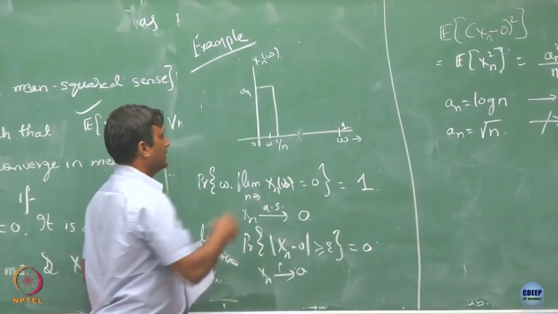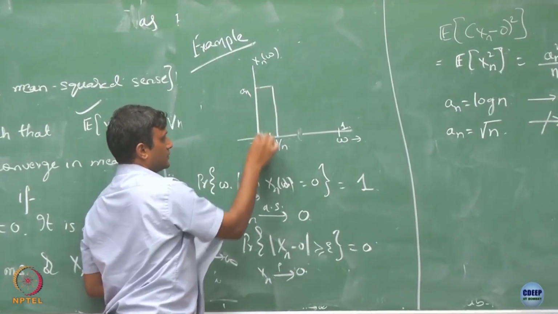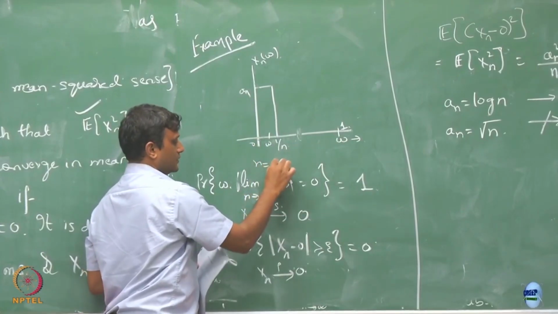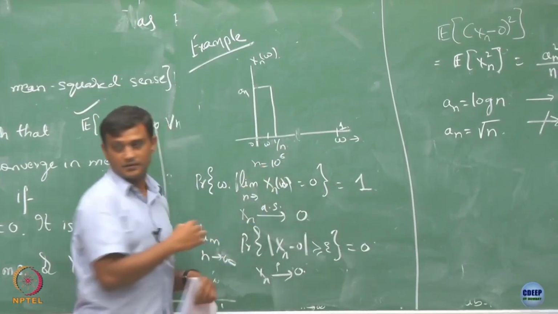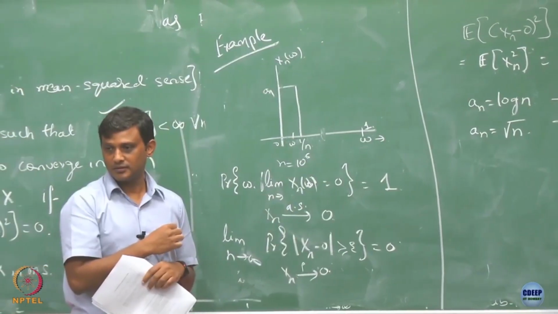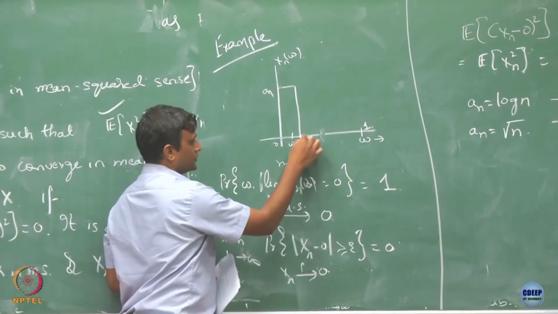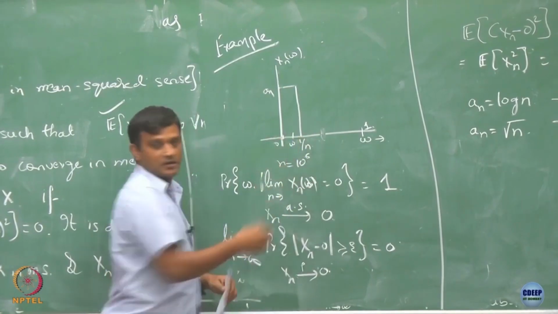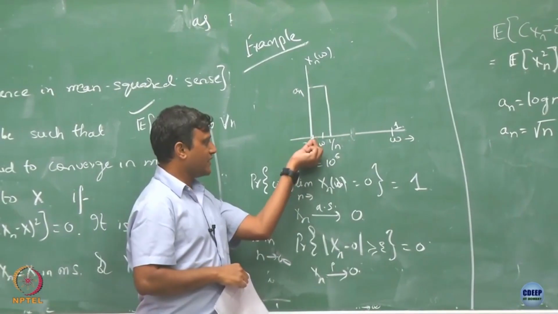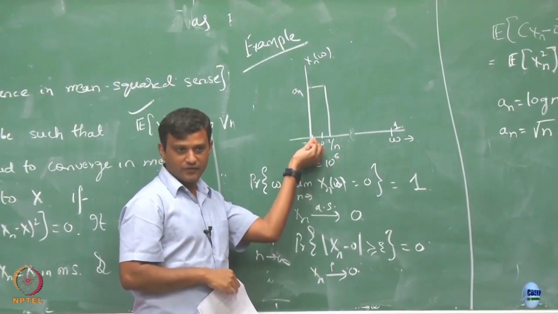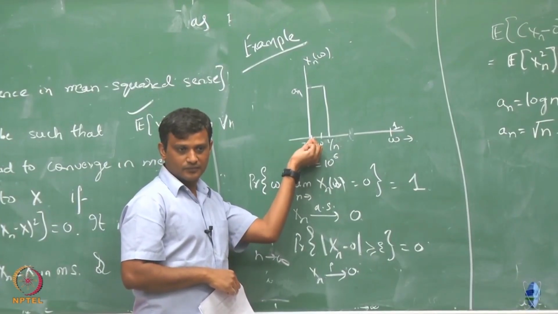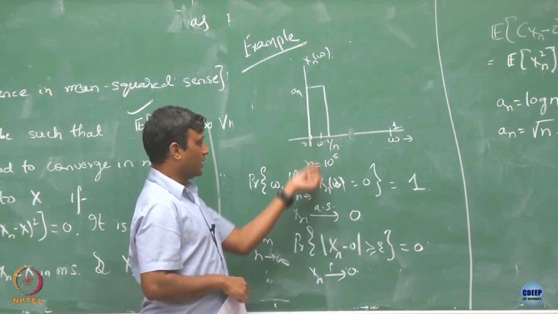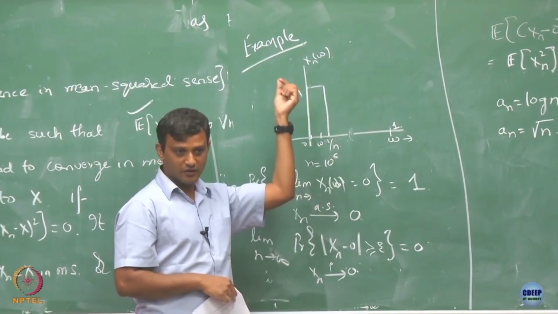For example, let us say n equals 10 to the power 6. Then 1 by n is 10 to the power minus 6, so you are putting positive value only in a small interval, but you also take the value 10 to the power 6.